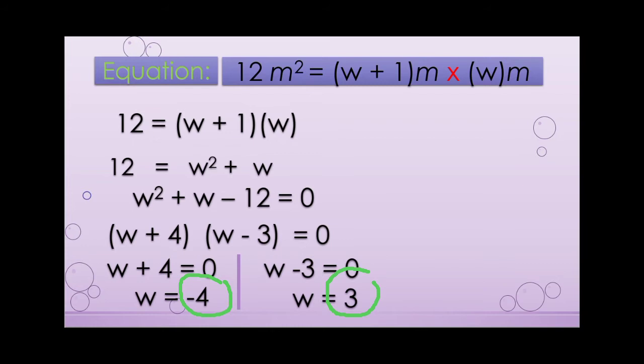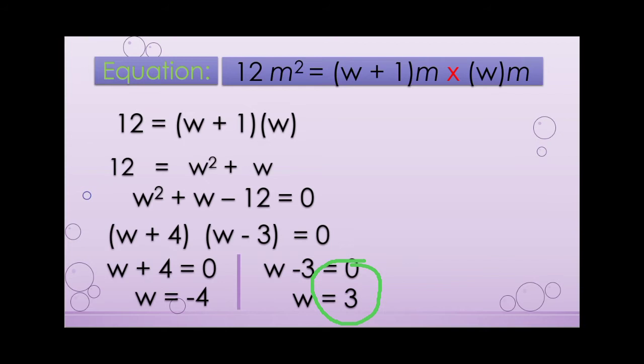Is it negative 4 or positive 3? Okay, it is positive 3. Why? Because we do not have negative dimensions. This means we do not use negatives for the measures of things. Okay? So, again, the width or the value of W is 3.